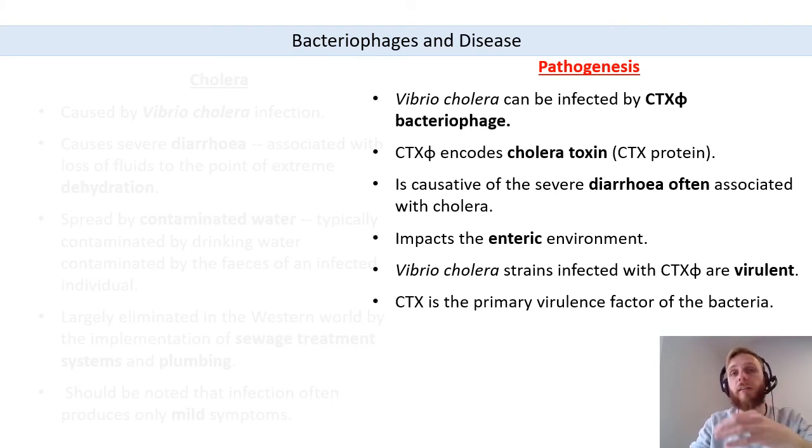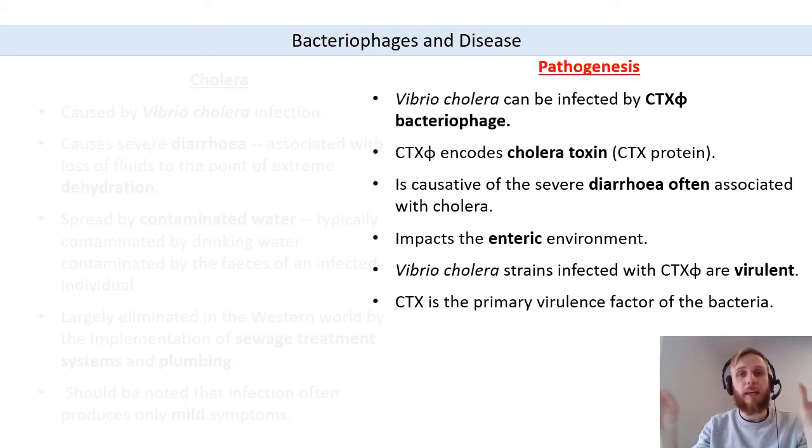exotoxin, and again compromises the local environment in the lower GI tract, causes this signaling cascade that results in water being drained and held into the lumen, so moving out from the cell's lining and not being able to move back into these cells lining the lower GI tract. And again, therefore, there's massive retention of water in the lumen, which causes watery diarrhea.